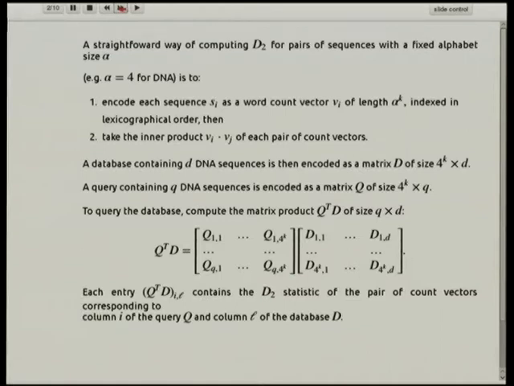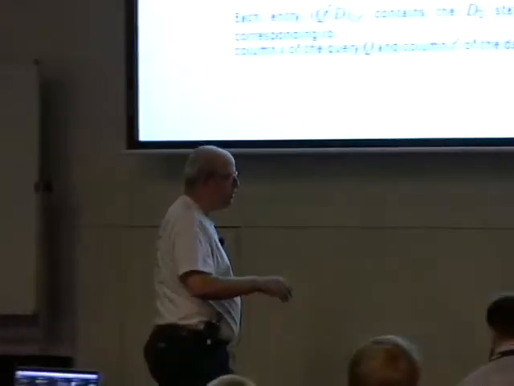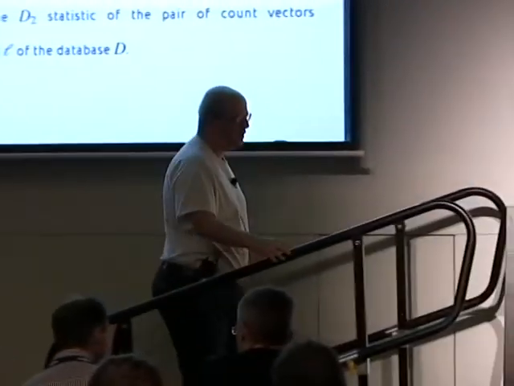Your database contains the word count vectors corresponding to the biological sequences that you know about, and your query has to do with the sequences you want to find out about, and you just create the word count vectors for that. And then what you wind up with is essentially a sequence of inner products between the vectors you want to find out about and the vectors you already know. Well, guess what that is? It's a matrix multiplication. But it's a matrix multiplication where we have one particular problem.